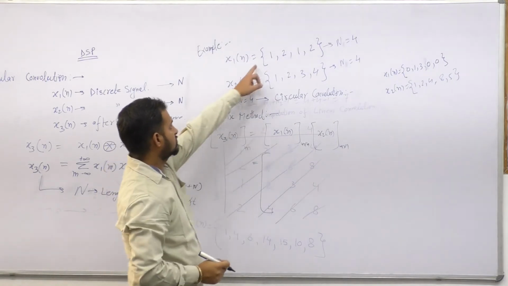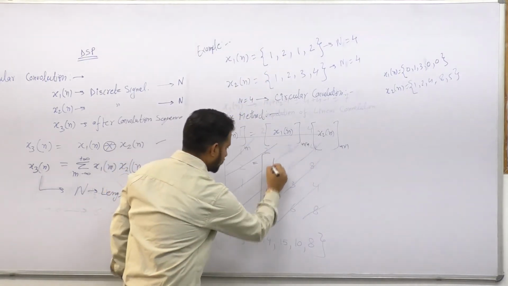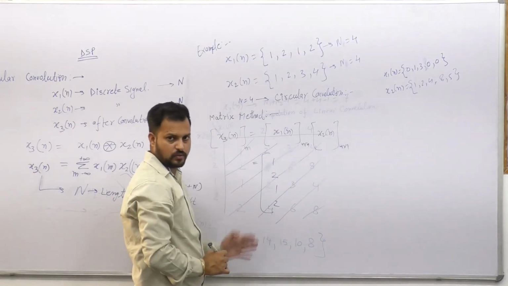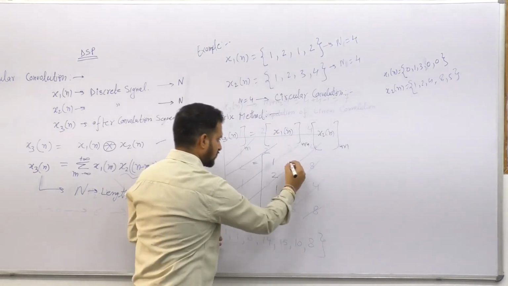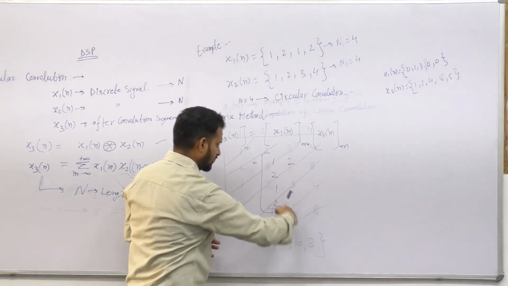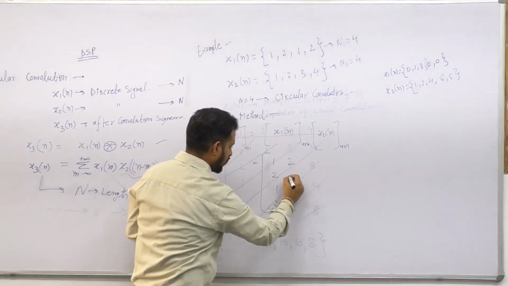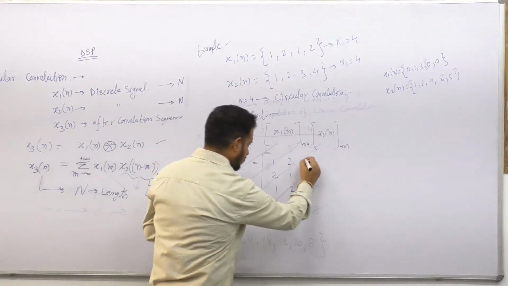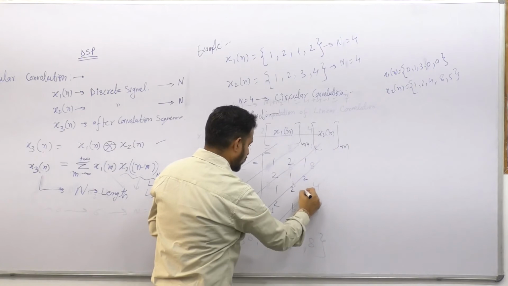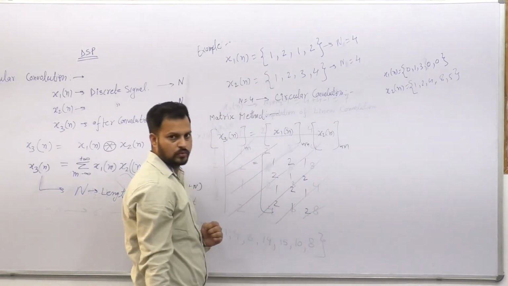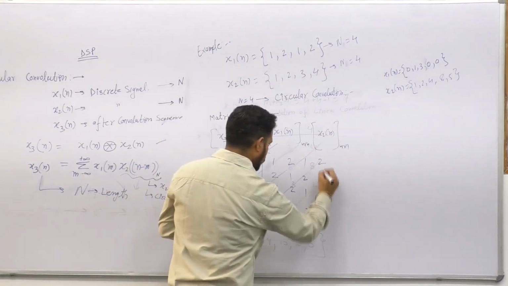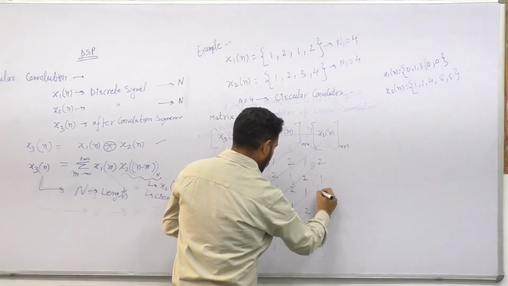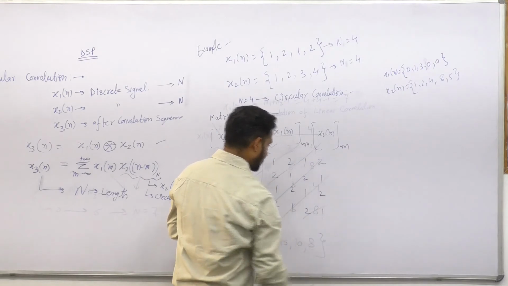So x1[n] is 1 2 1 2. So I am writing 1 2 1 2, right? That's all. And I am shifting this. So this bottom value will come at the top: 2 1 2 1. Again I am shifting: 1 2 1 2, and again shifting: 2 1 2 1.